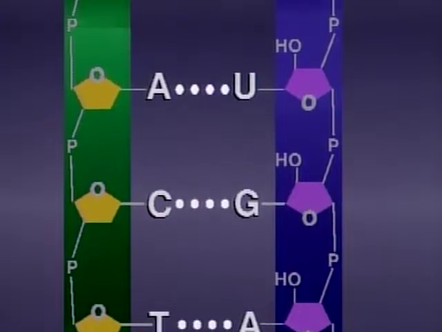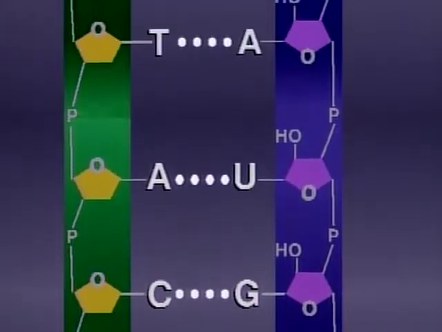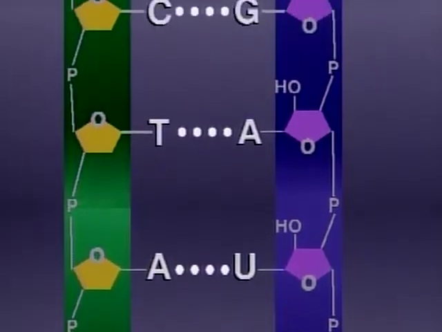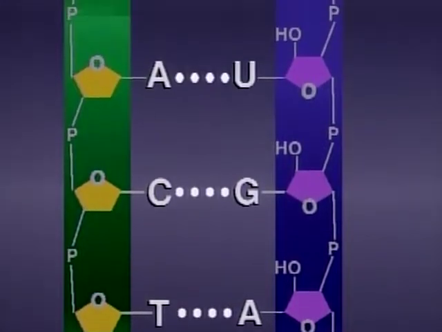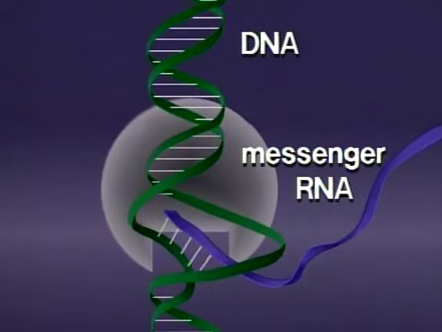RNA also differs from DNA in that the base uracil, U, takes the place of thymine and pairs with adenine. The growing RNA strand carrying the chemical code for a specific protein detaches from the DNA and leaves the nucleus for the site of protein synthesis.